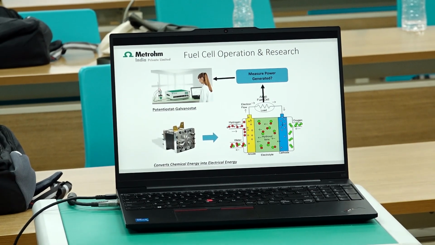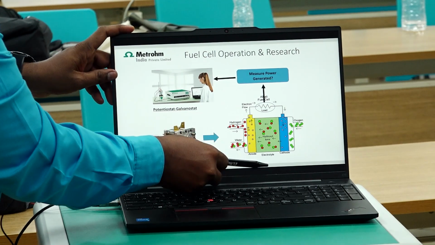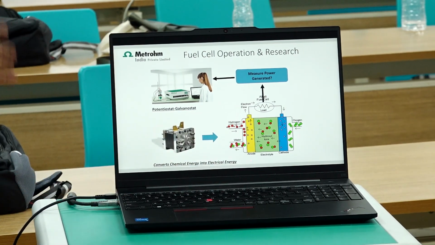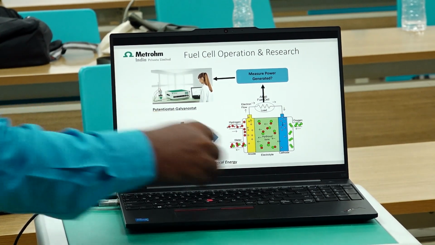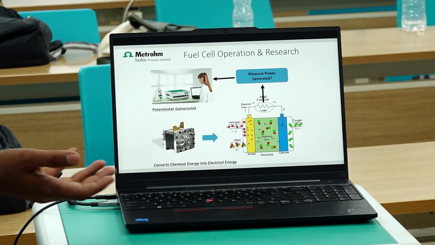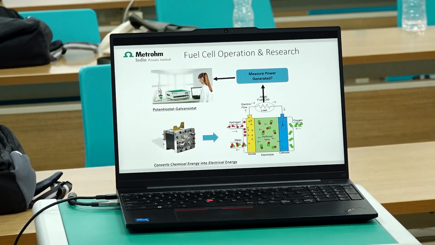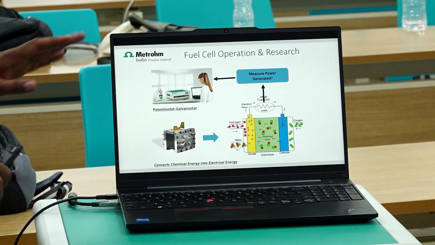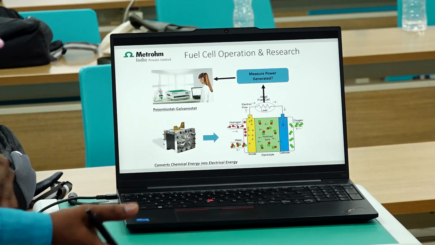For this fuel cell we are using a catalyst material which helps in proton transfer. So you can do electrocatalysis, that comes under water splitting, HER, OER, all these studies can be done with the same experiment with additional modules.